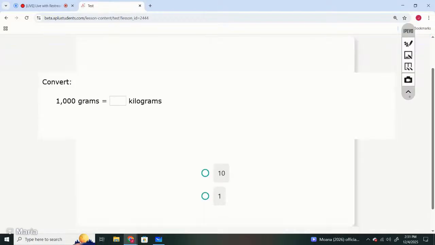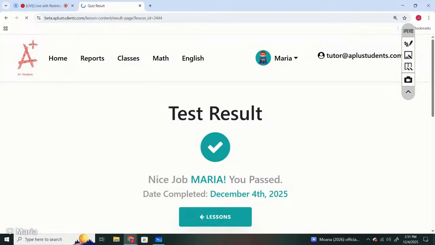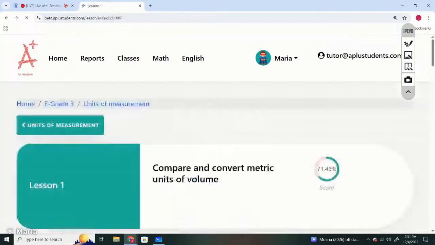So 1000 grams equal how many kilograms? 1000 grams equal 1 kilogram. Option number 2 is the correct option. Okay, we are done with the lesson. Let's just move on to the next lesson.